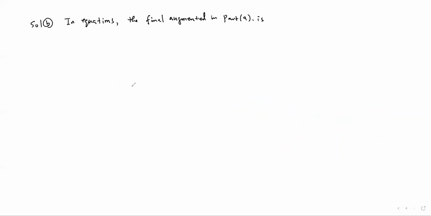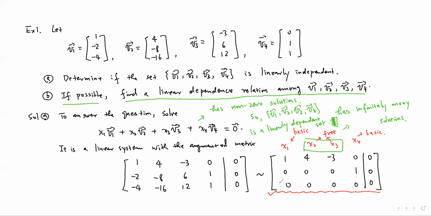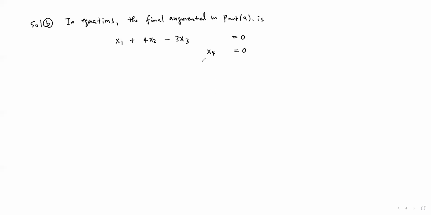Is the following linear system: x1 plus 4x2 plus 3x3 is 0. Then x4 is 0. The third row here. This equation is 0 equals 0.